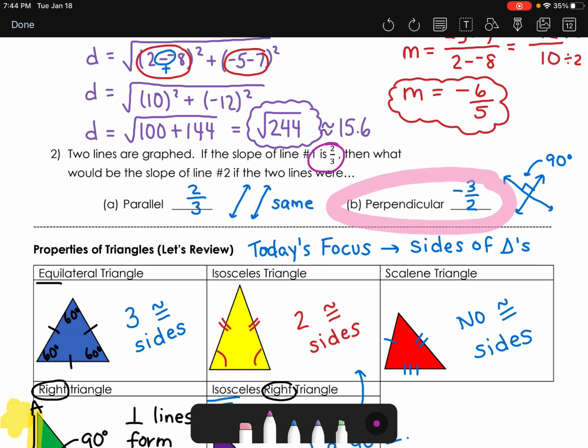If you have a slope of 2/3, then a slope perpendicular to that would be negative 3/2. You have to flip it. Not only change the sign, but you have to flip that fraction. So if we have slopes that look like that, then we have perpendicular lines. And if we have perpendicular lines, that means you have a right angle.